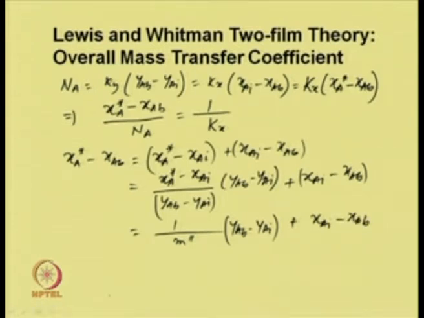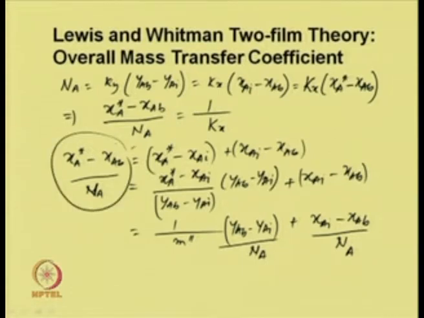Now, if we divide both sides by N_A, so this will be N_A and this will be N_A. So, this is nothing but 1 by capital K_x. Capital K_x is equal to 1 by m'' k_y, small k_y, plus 1 by small k_x.